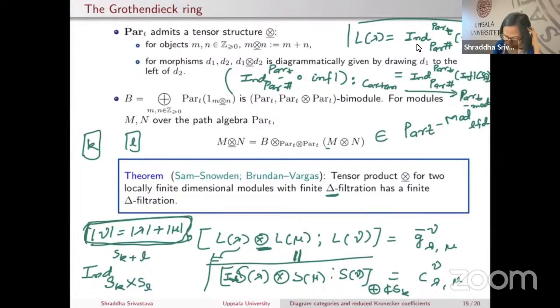And then on the Cartan subalgebra, the tensor product is precisely the external tensor product. So I mean on the Cartan subalgebra we take two modules, and the tensor product here is precisely induction, this kind of thing.